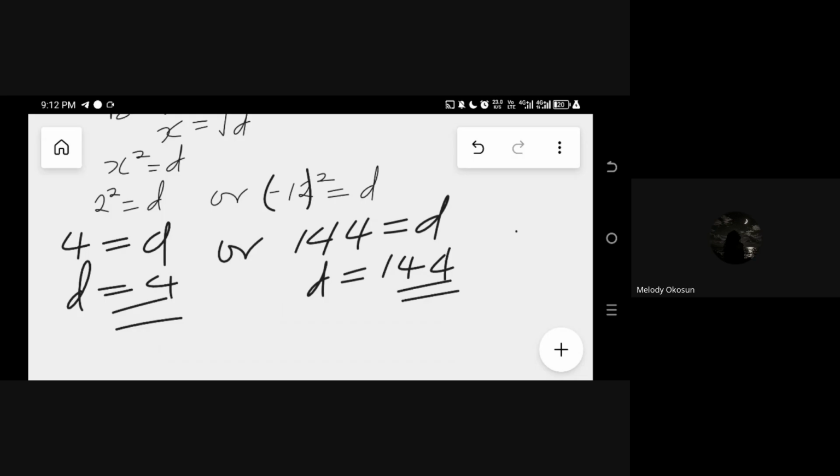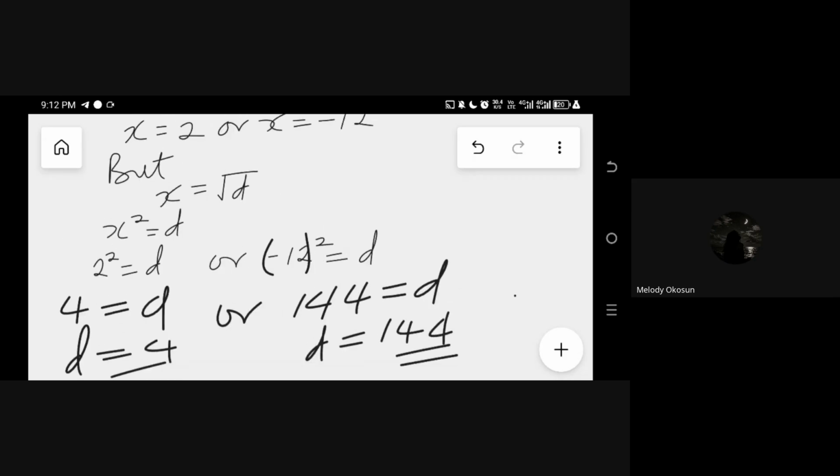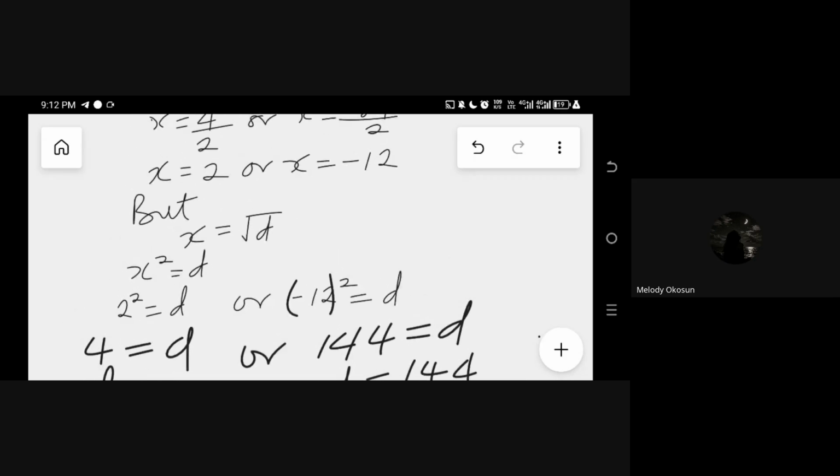So remember, that letter you introduced by yourself, the answer it will give to you is not the real answer. You still have to go back and substitute those values into that first substitution you made. So the S was introduced.